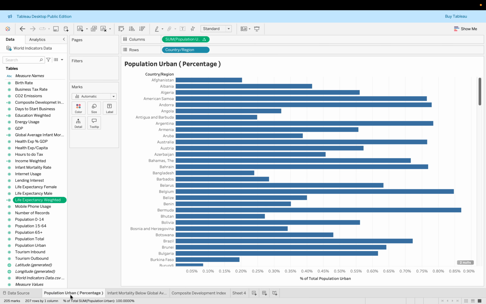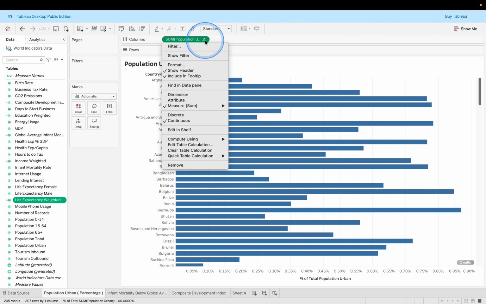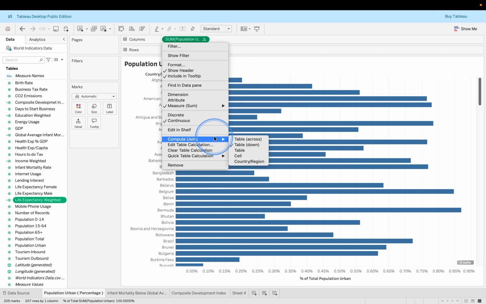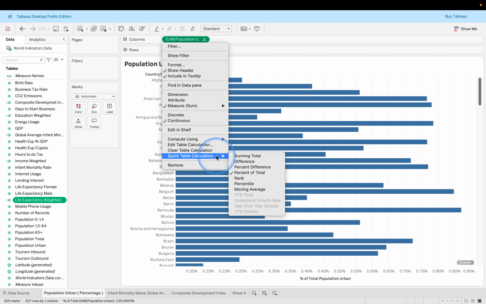What we did here was have the country on our rows and the population as our columns. Now we have a quick table calculation where we choose percentage of total.